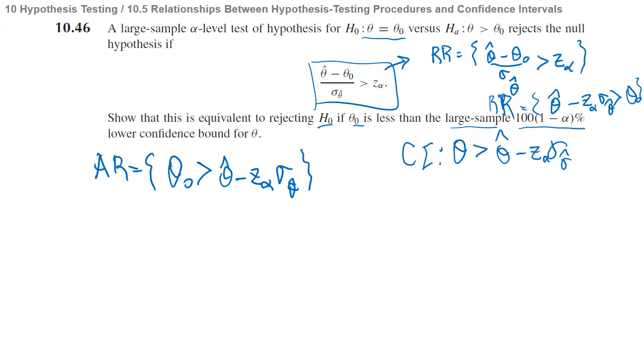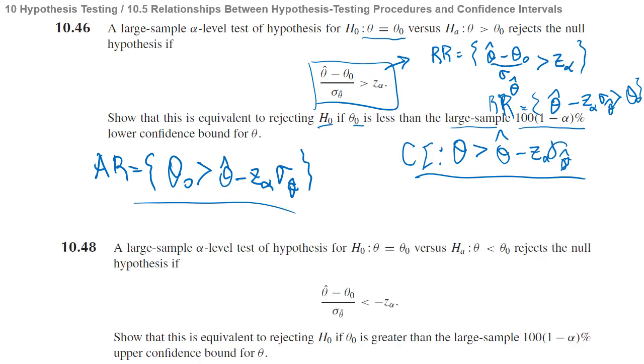So we can check that the confidence interval and acceptance region are exactly the same, and we can check the result is consistent with the previous one for the one-sided case as well. Problem 10.48 is the other direction, where the alternative hypothesis is zeta is less than zeta 0, and I will leave it to you. Let's move on.